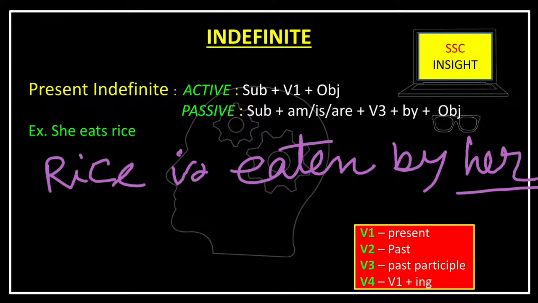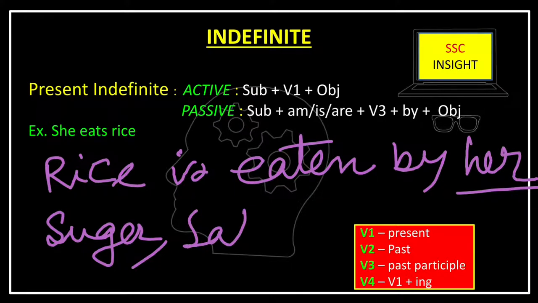Now there can be a confusion, whether it will be is or are after rice, that is, whether rice is a countable or uncountable noun. Nouns like rice, sugar, salt are mass nouns.